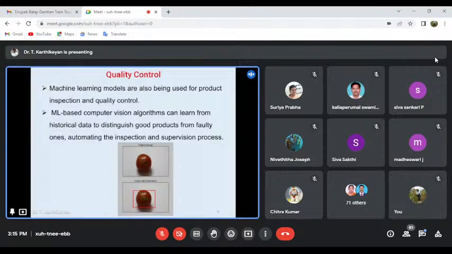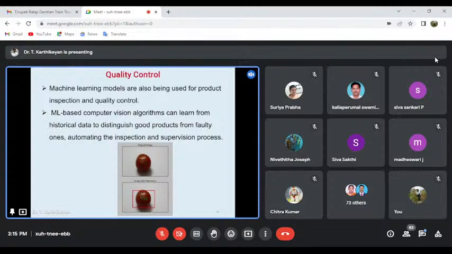What is the next process? The next process is that we have to remove the particular item from the conveyor belt. This can also be done by the system itself. The system can check and give the order. Based on the order, the next system will remove the faulty one. So this is where we are using this technology in quality control and inspection.